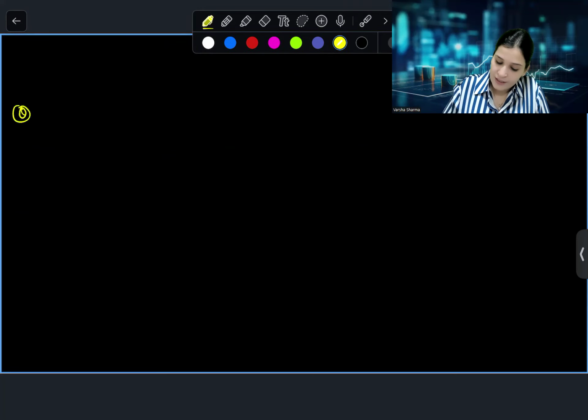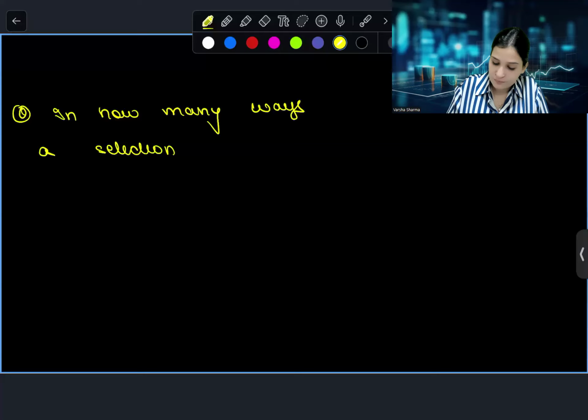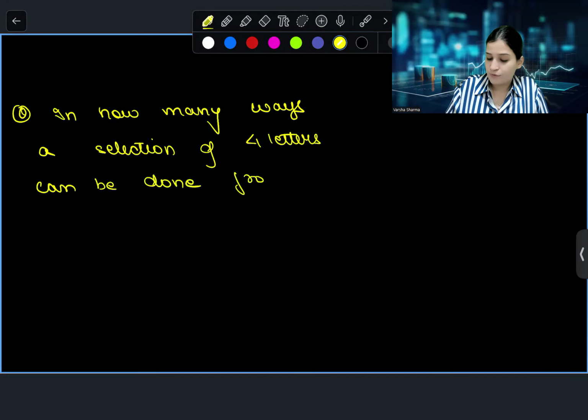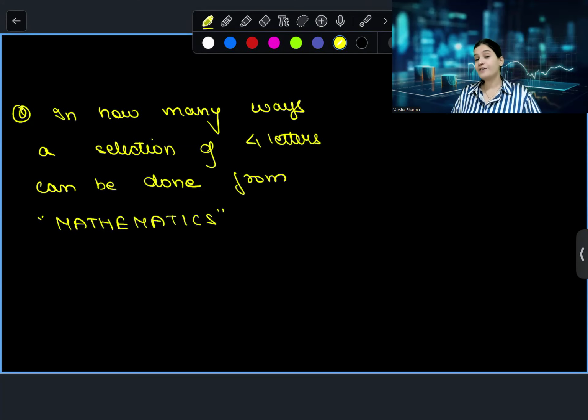Question is, in how many ways can a selection of 4 letters be done from mathematics? I'll do the sum. If it would happen directly, then direct factorial and all those things. Problem is how to select 4 letters.